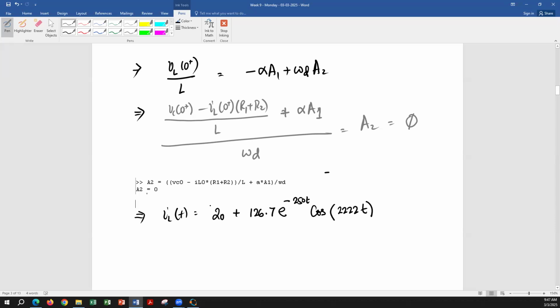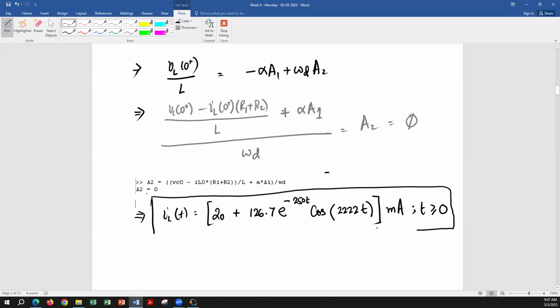And the whole thing is in milliampere, for t greater than 0. That will be the expression for IL.